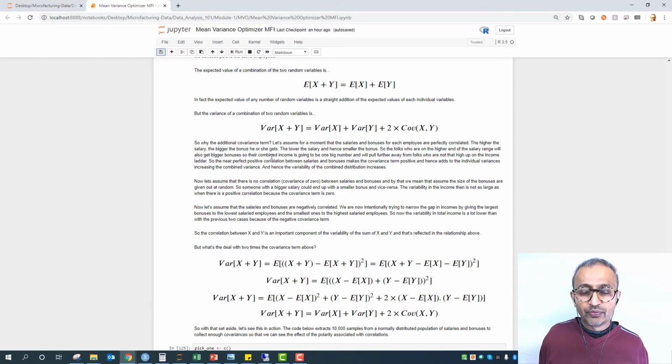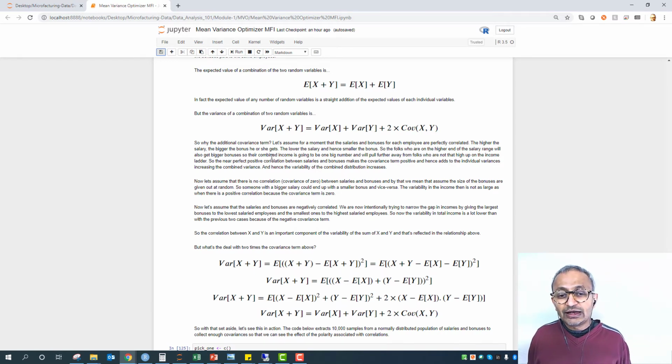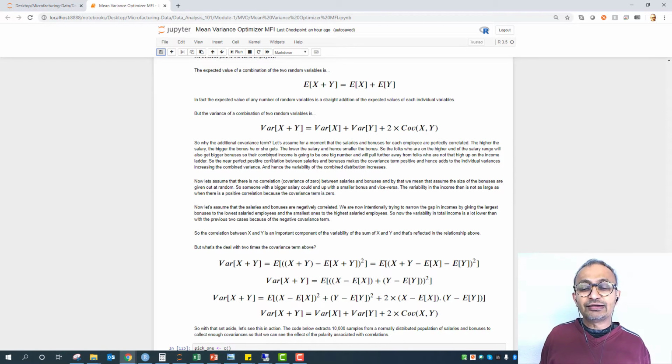Makes sense, okay. Now let's assume there is a negative correlation, okay. So we are now intentionally trying to narrow the gap in income by giving the largest bonuses to the lowest salaried employee, okay. Before this it was random. Now we are intentionally making it so that it's negatively correlated. Let me go back to this thing.